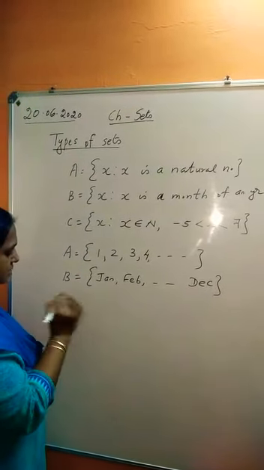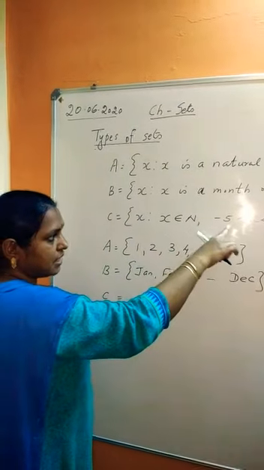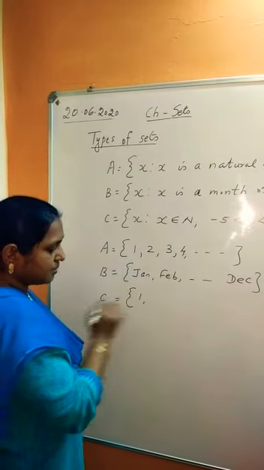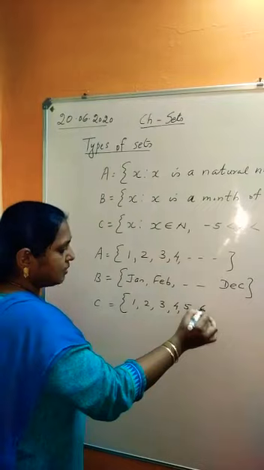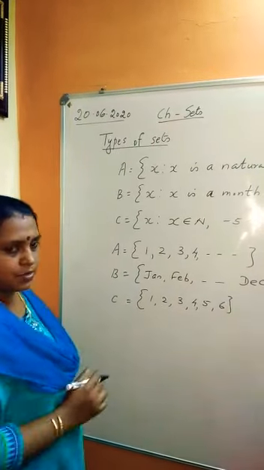Then in the third case, we have to consider all natural numbers lying between minus 5 and 7. We know that the smallest natural number is 1, then 2, 3, 4, 5, 6. So this way we can write the corresponding roster form.